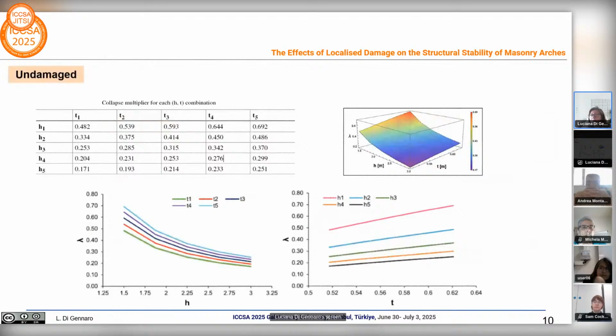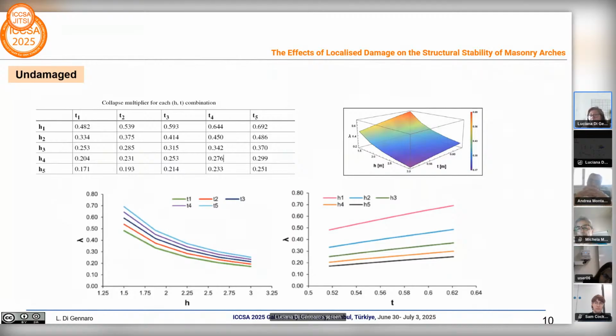In this slide, you can see the results for the undamaged conditions. The behavior represented in the graph highlights a distinct structural influence of the two geometric parameters.